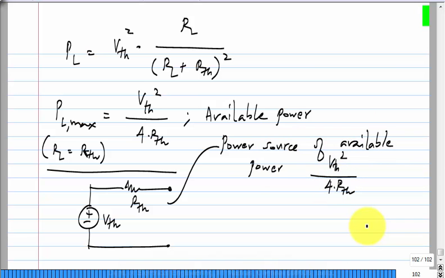So, you can think of this as a power source. Of course, the way it is now, it is not delivering any power, nothing is connected to it, but that is the maximum power that you can extract from it.